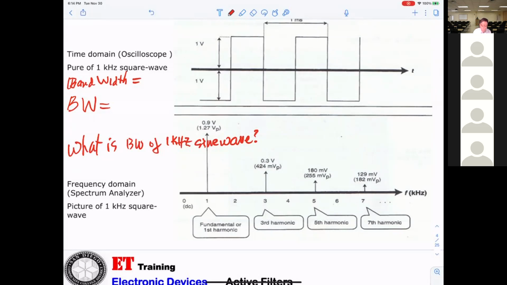Cutoff frequency. Okay, please write down F min. Try to remember, I already told you. The bandwidth is the difference between the maximum frequency and the minimum frequency.